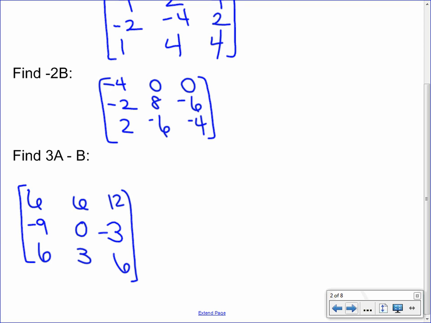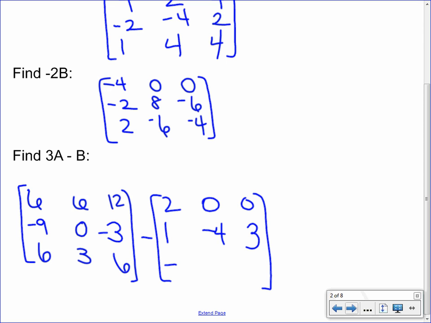Okay. And then we're going to subtract B. Now you can choose to multiply the scalar of negative 1 through and add them, or you can think of it as subtraction. I don't care what you do. Just be careful. 6 minus 2. 6 minus 0. 12 minus 0.